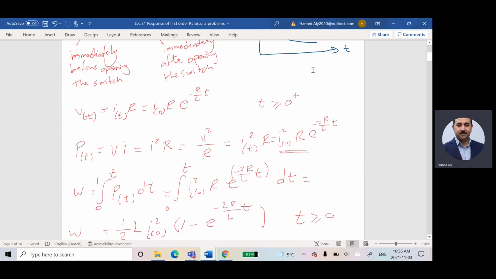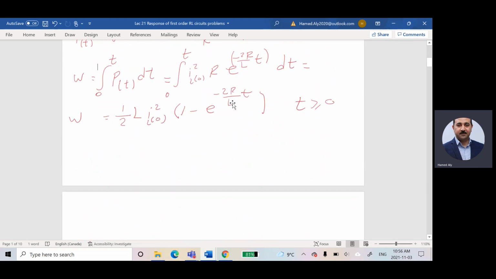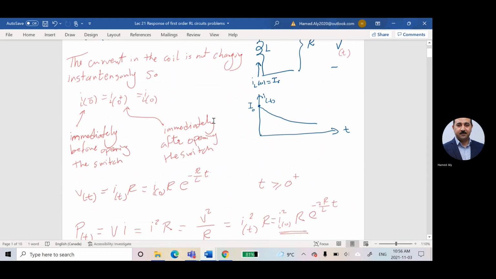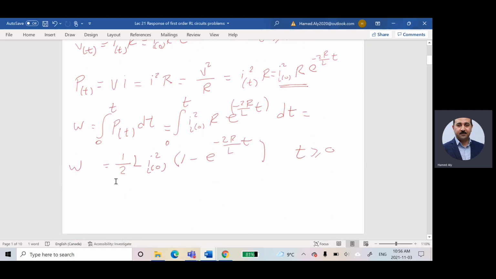But at t equal to infinity, I don't have anything here, and everything is discharged and given to the resistor. That's why I am expecting that equation. I told you at the beginning I'm using the equation of the voltage across R, so this is related to R.